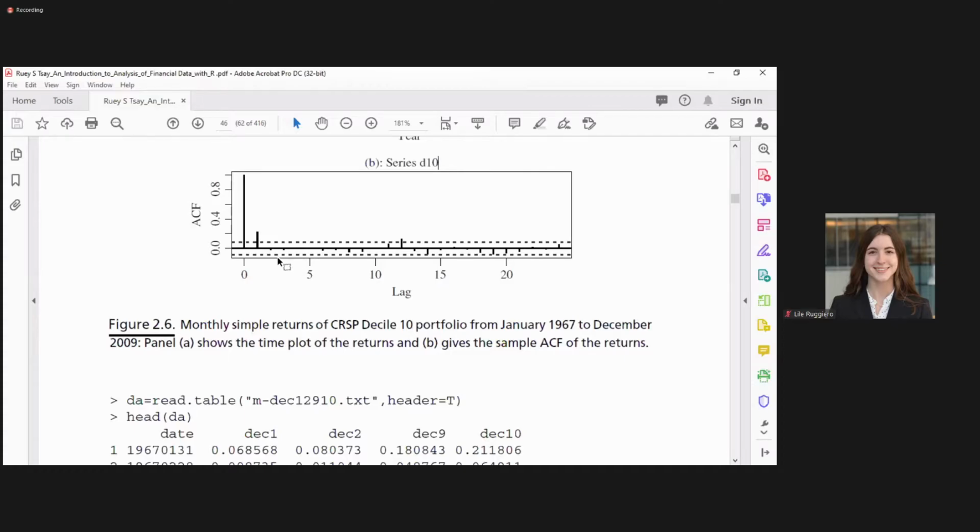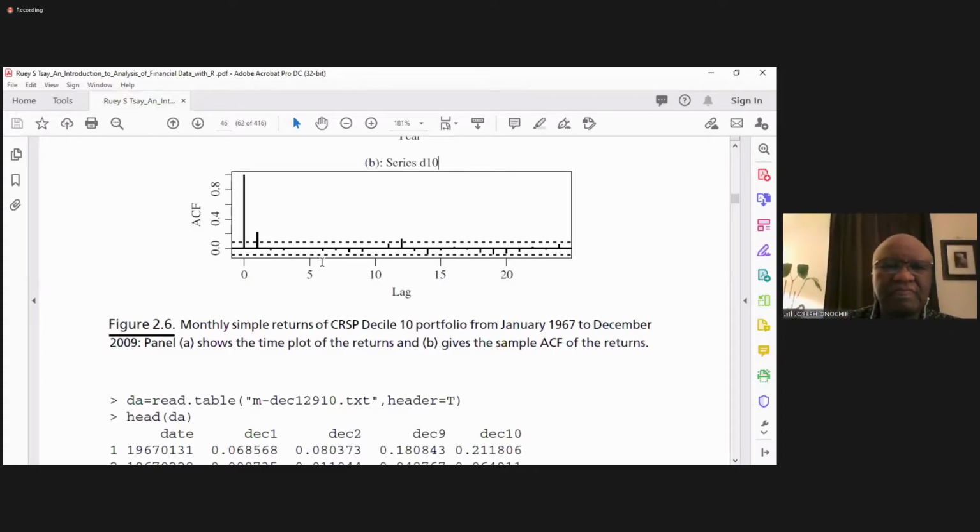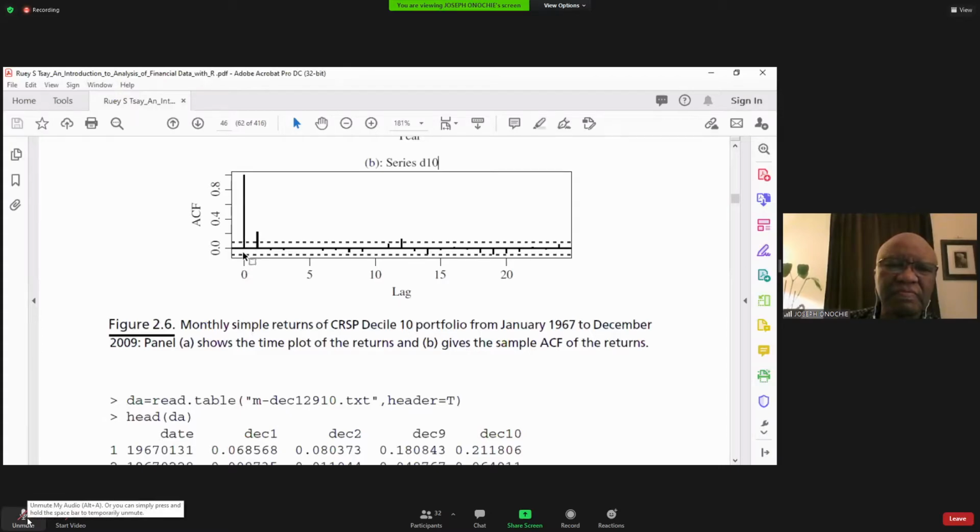Now, according to this, is the autocorrelation at lag 0 statistically equal to 0 or statistically not equal to 0? It's not equal to 0. At lag 1, is it equal to 0 statistically?